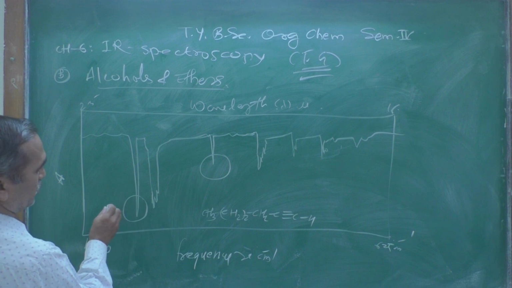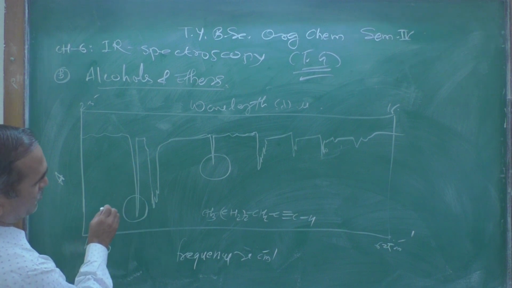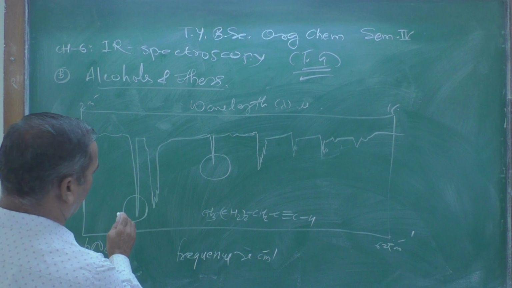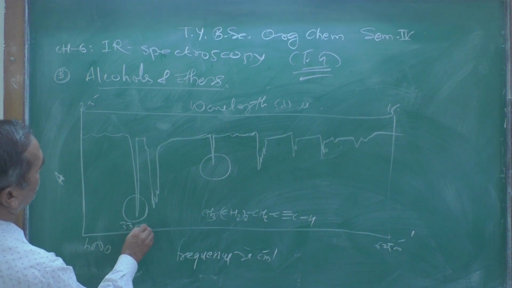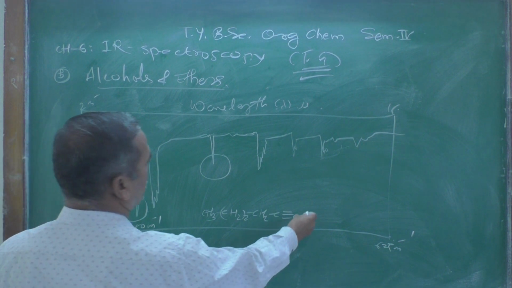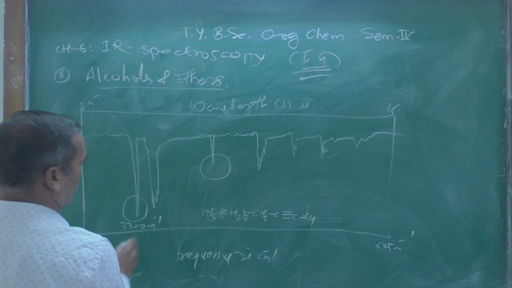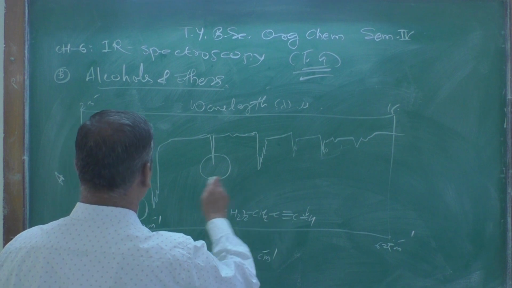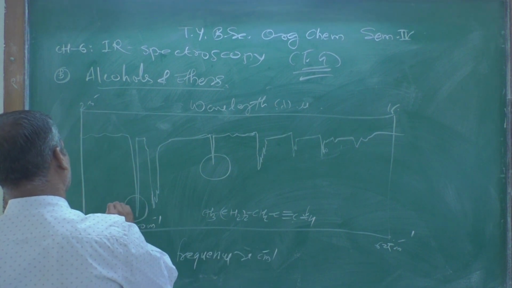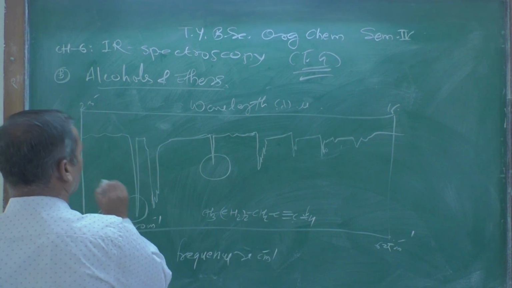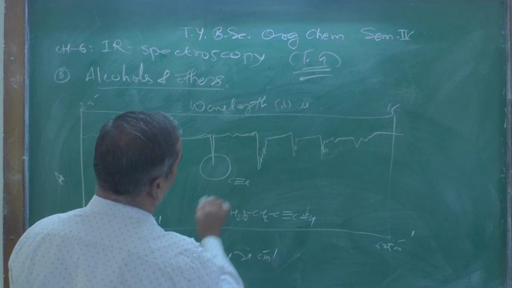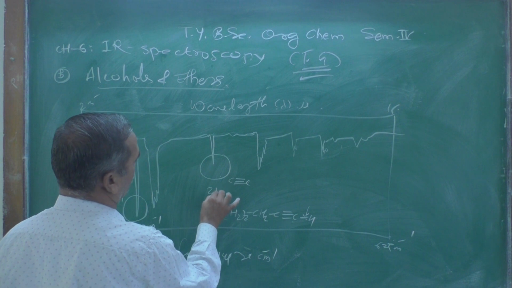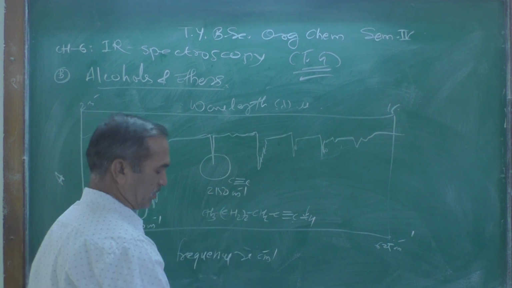This peak is due to the CH stretching. The peak appears around 3300 per centimeter, which is due to the acetylenic CH stretching frequency, the triple bond CH. And the other is observed due to the carbon-carbon triple bond, which is around 2150 per centimeter.